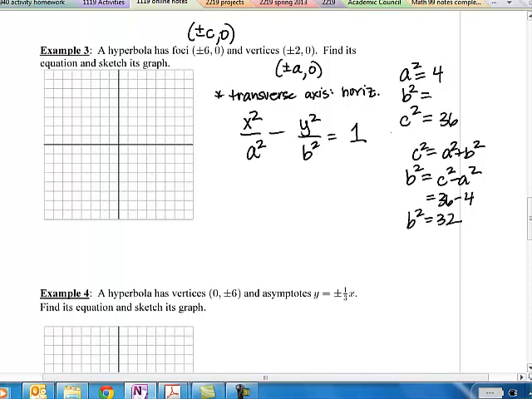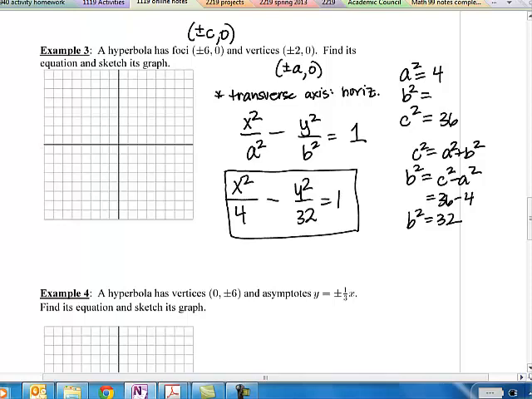And that gives us everything we need. So x squared over a squared, 4, minus y squared over 32 equals 1. That's the equation.